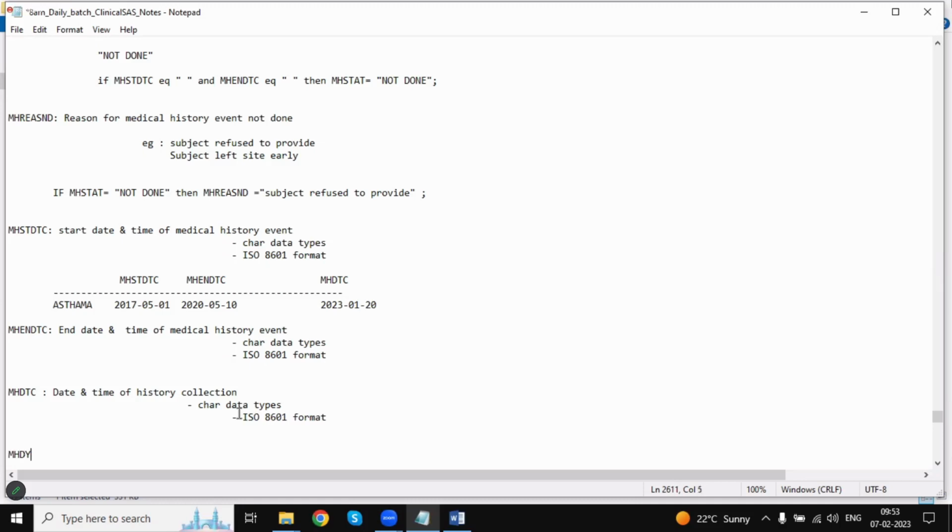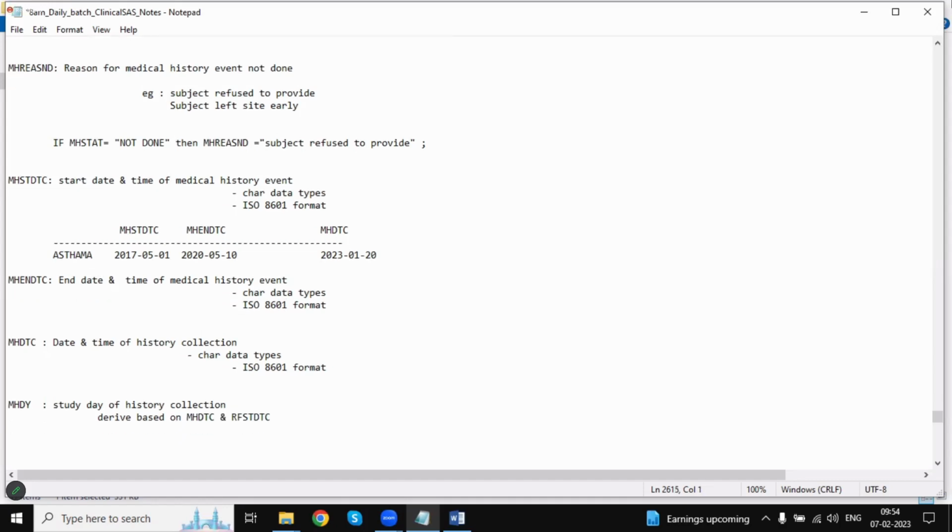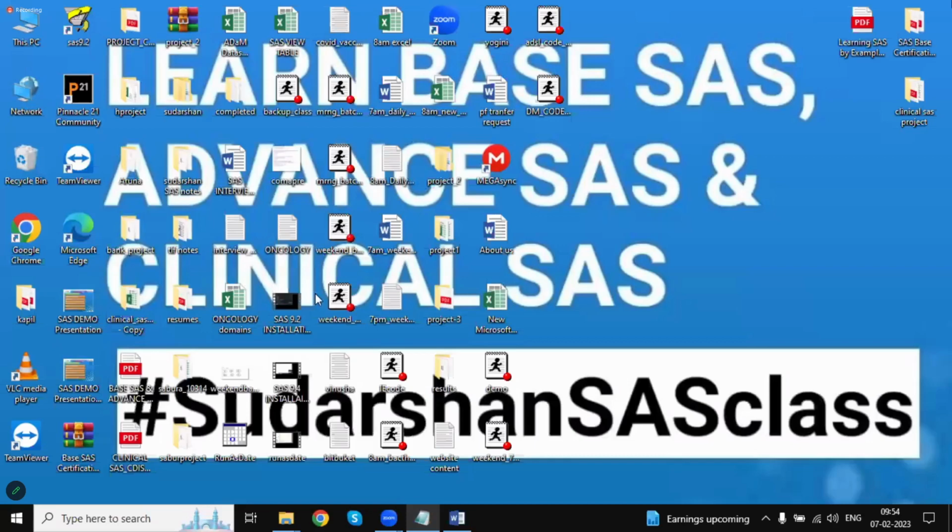Okay, and you have MHDY also: study day of history collection. Tell me, what is the standard formula to derive MHDY? You derive it based on study day. I gave it already; this is the standard derivation, based on MHDTC and RFSTDTC. It comes in every domain.